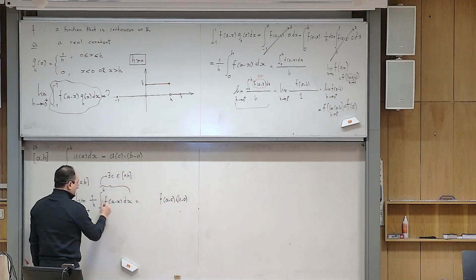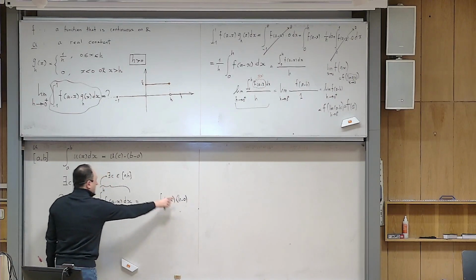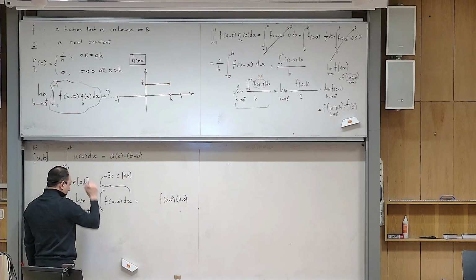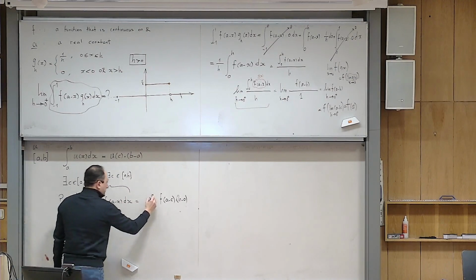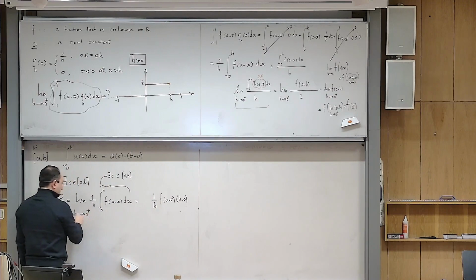So don't get confused. What I wrote here is based on this theorem for just this integral. But I have 1 over h here, and then I have the limit here.